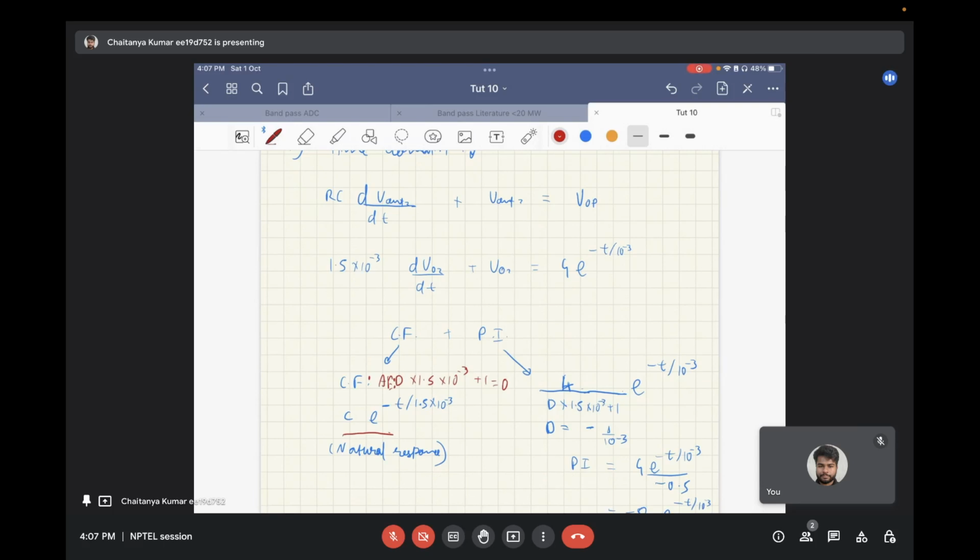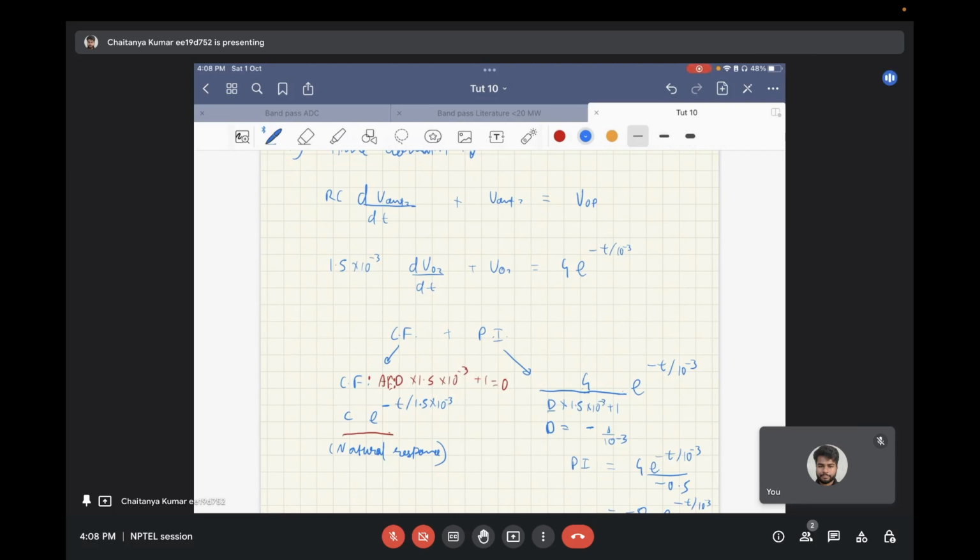Now the particular integral. For an exponential type of input, you find the particular integral by replacing D by whatever coefficient you have of the time in the exponential.